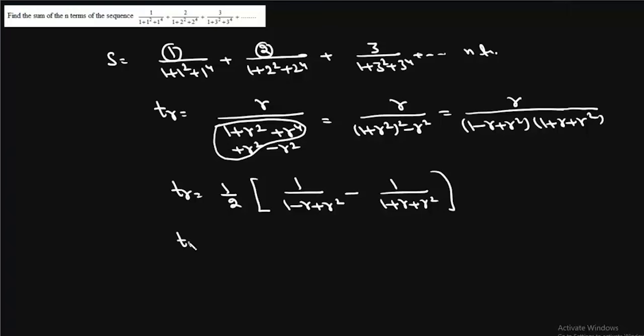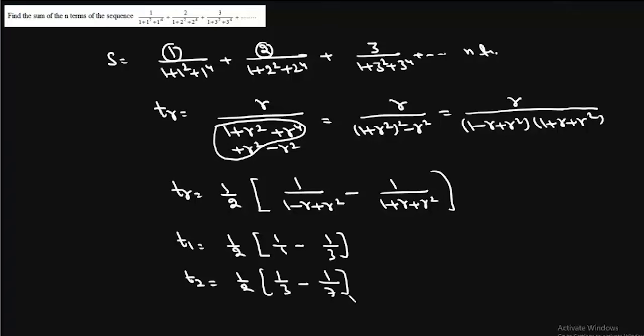So we'll get the same term. Now our first term will be 1 by 2, and if we put r as 1, it will be 1 upon 1 minus, and if we put r as 1, it will be 1 by 3. Now the second term will be 1 by 2, and here it is 5 minus 2, 1 by 3 minus, and this is 1 by 7.